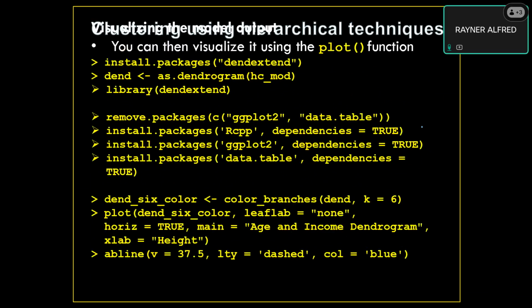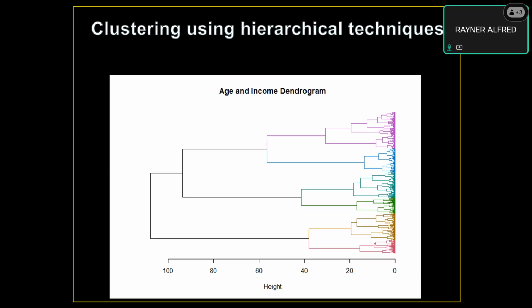So we install all the necessary packages, and then we say that we want to cut across where we have k equal to 6 in the dendrogram, and this is the vertical line that we have. This is the line type and the color. So the output looks like this.